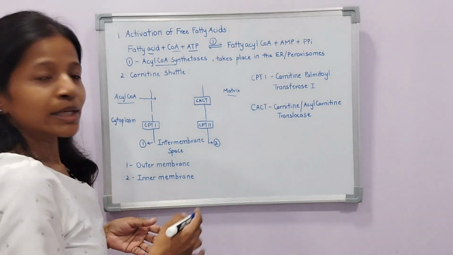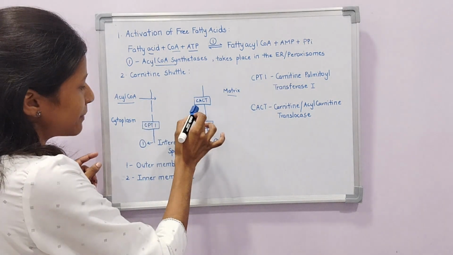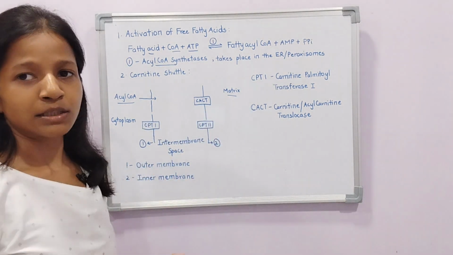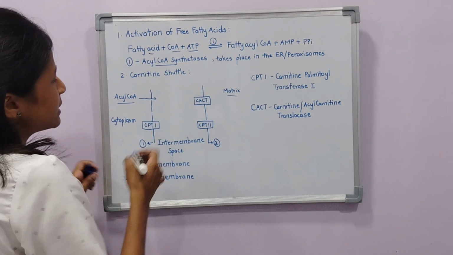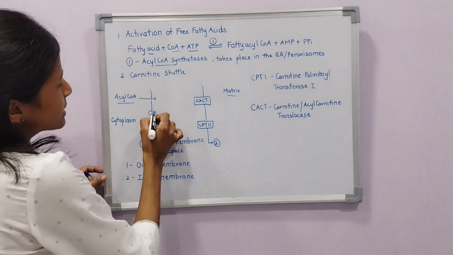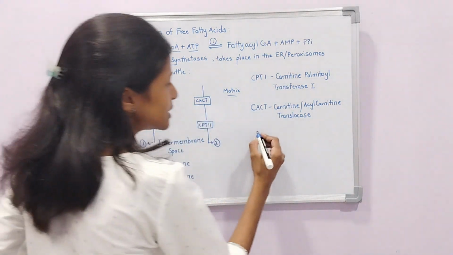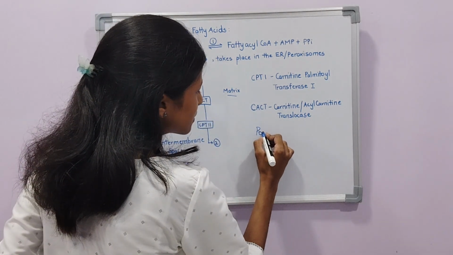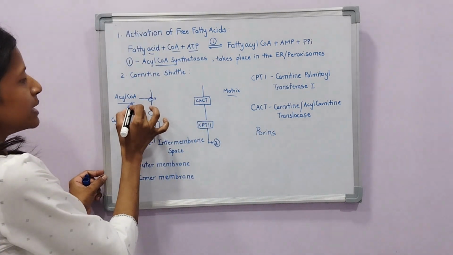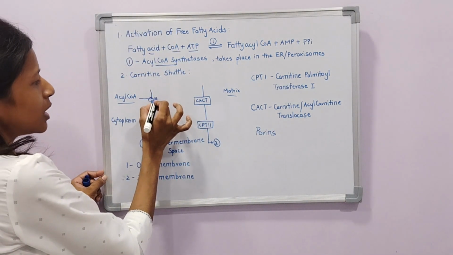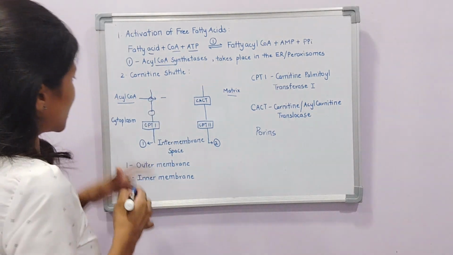So the acyl-CoA has to pass through the outer membrane, through the intermembrane space, and then into the matrix. In the outer mitochondrial membrane, there are pores that are present. These are formed by proteins called porins, and it is through these pores the acyl-CoA can enter through the outer membrane into the intermembrane space.